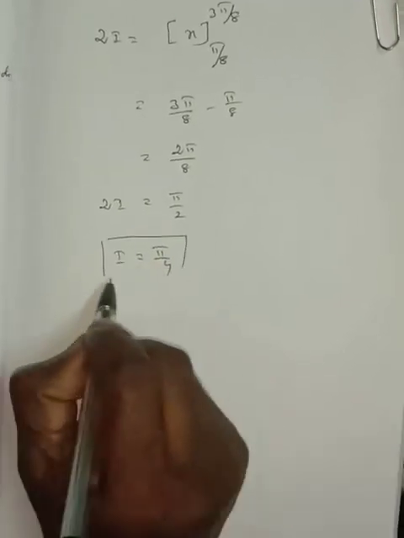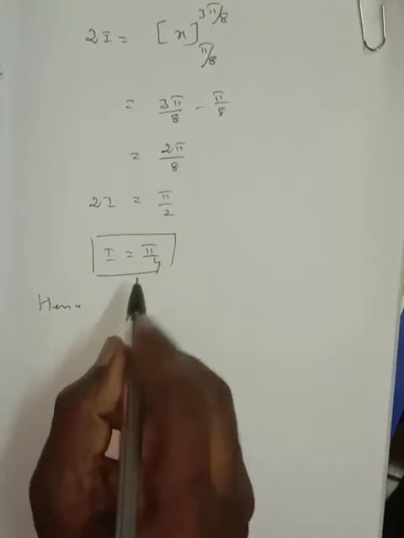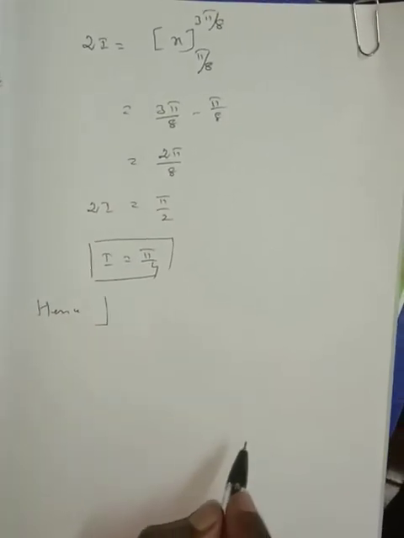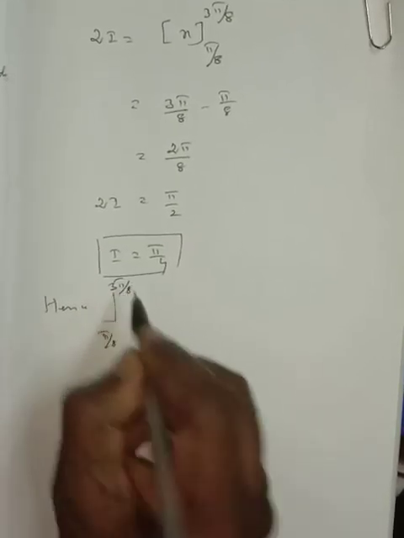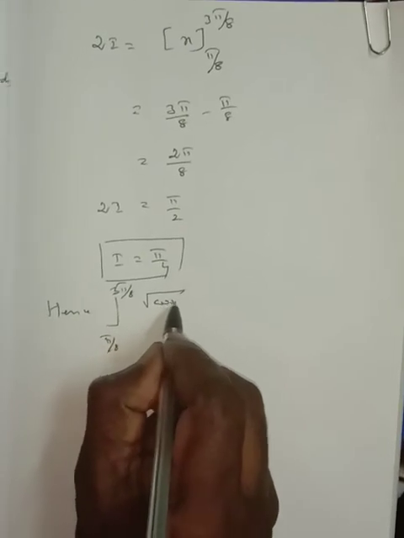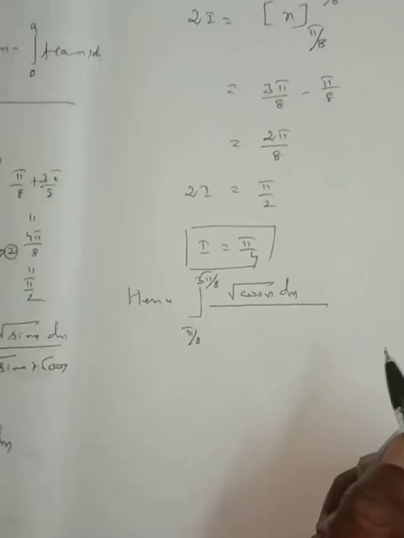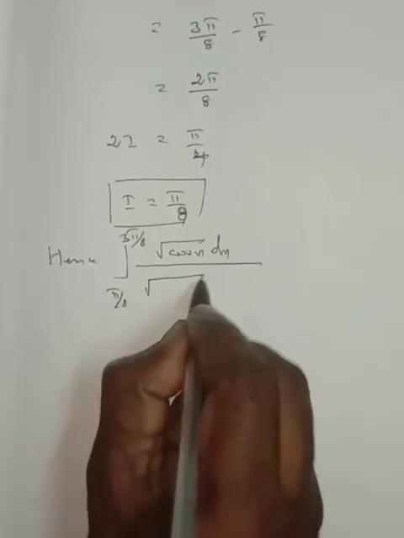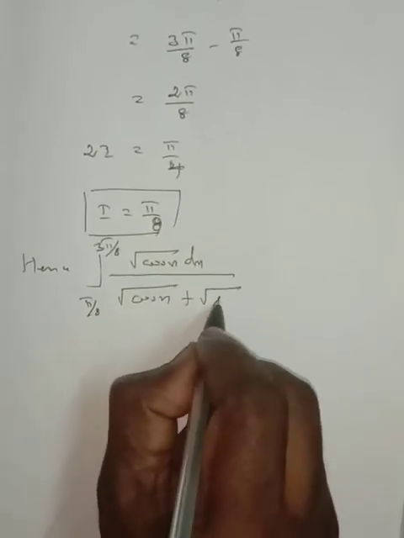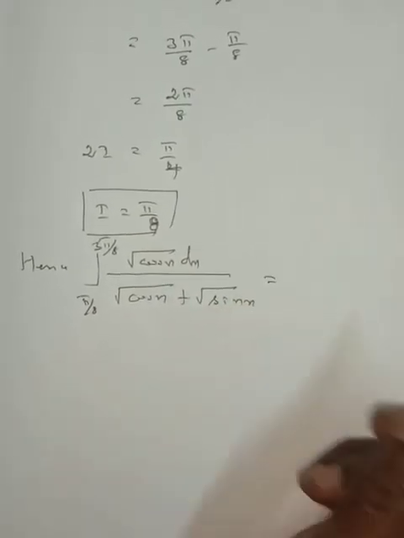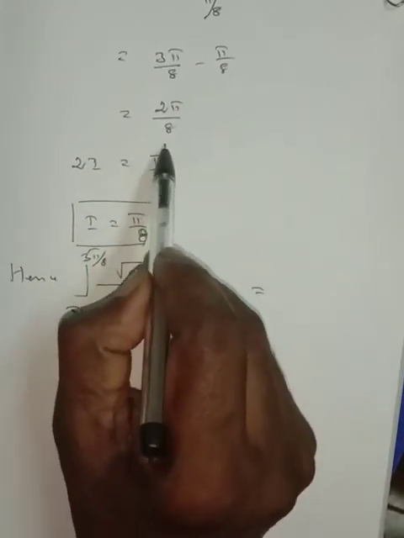Hence integral pi by 8 to 3 pi by 8 root cos x dx divided by root cos x plus root of sin x is equal to, 3 pi minus pi is 2 pi, 2 pi by 8.